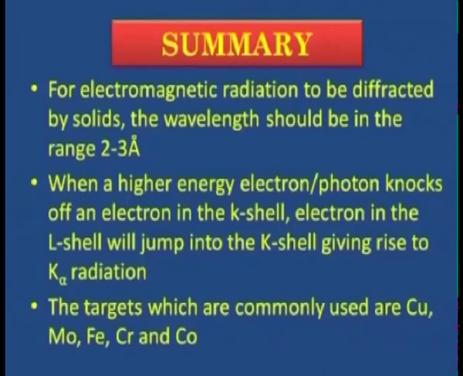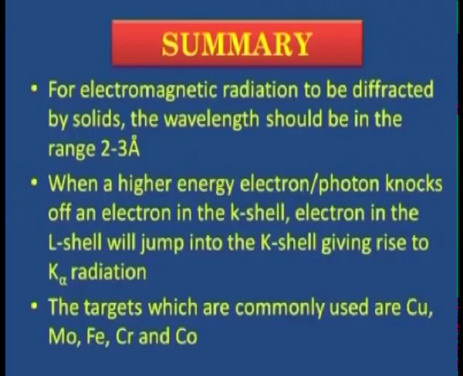And now we will wind up this lecture and go to the summary. Let me summarize what I have done today. For electromagnetic radiation to be diffracted by solids, the wavelength should be in the range of 2 to 3 angstroms, in other words, X-rays ought to be used to study crystal structures.